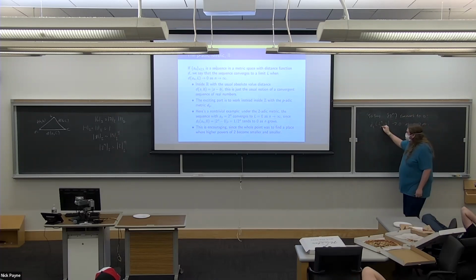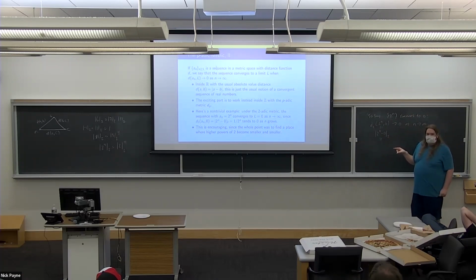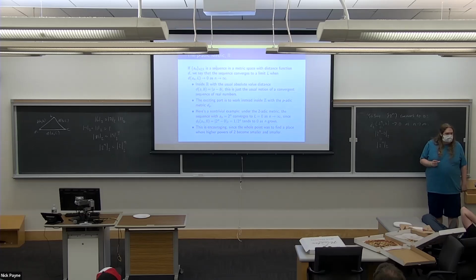Well, what is this distance? It's the 2-adic absolute value of the difference. The difference of 2 to the n and 0 is 2 to the n. And then what's the absolute value of 2 to the n under this metric? It's 1 over 2 to the n.